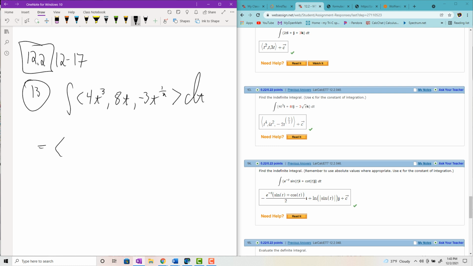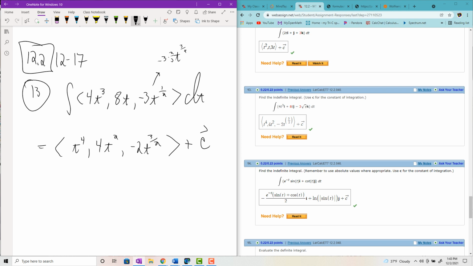So we'll have 4t to the 4th over 4 is t to the 4th. 8t squared over 2 is 4t squared. And then this thing is going to be negative 3 times t to the 3/2 times 2/3, which should be negative 2t to the 3/2, and then plus your integration constant, which you need a little vector symbol over top.